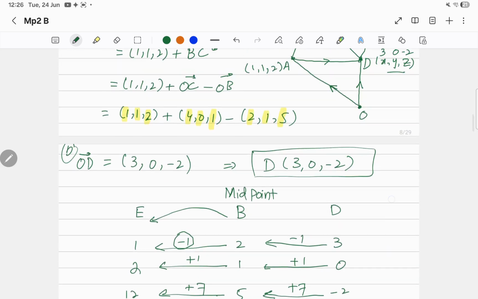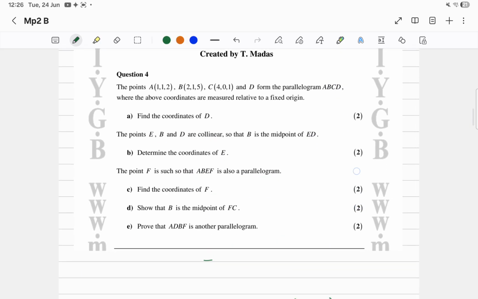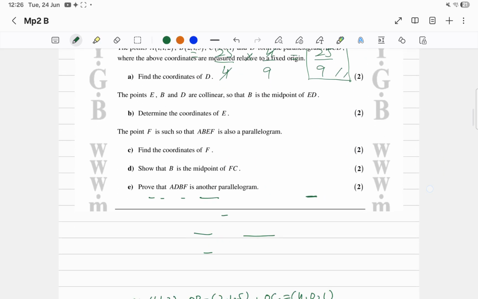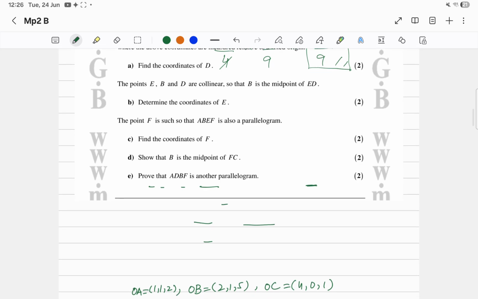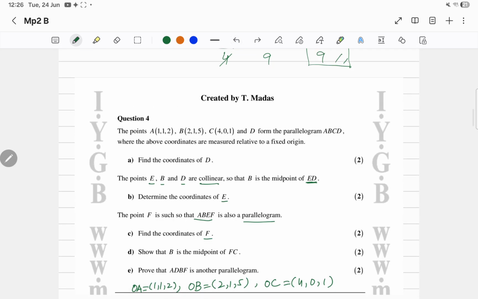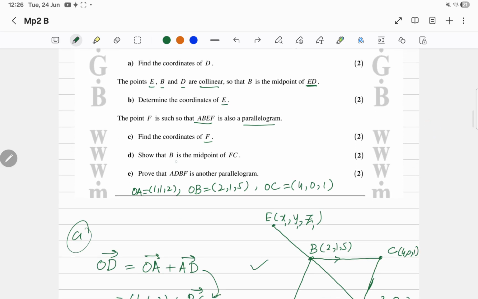Okay, so the next part is part D: show that B is the midpoint of FC.